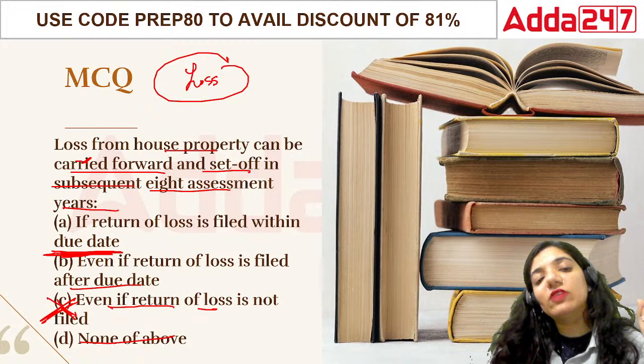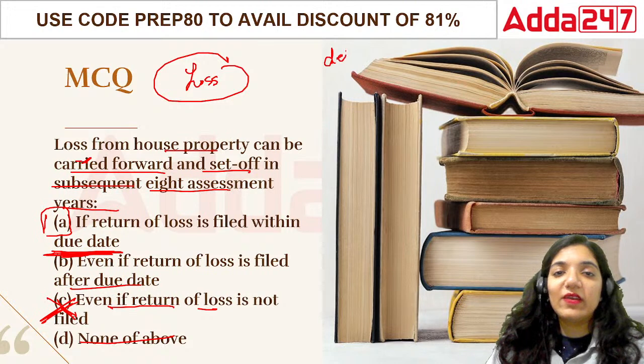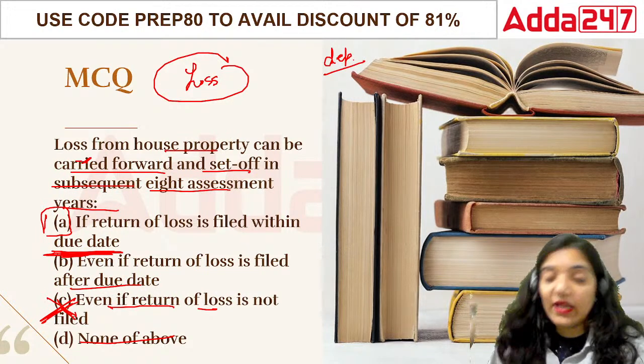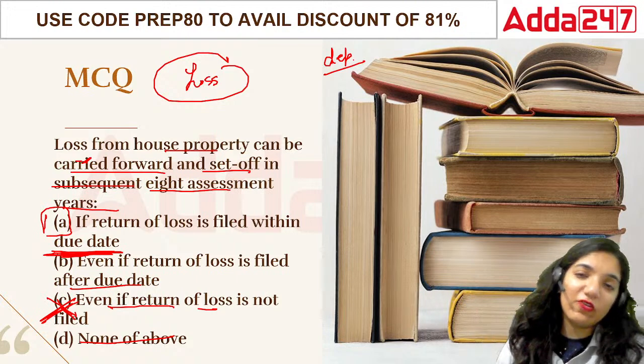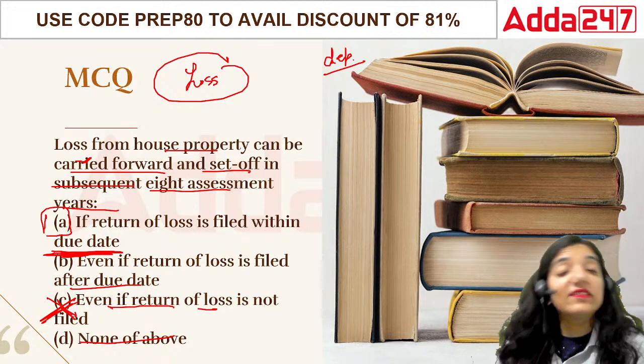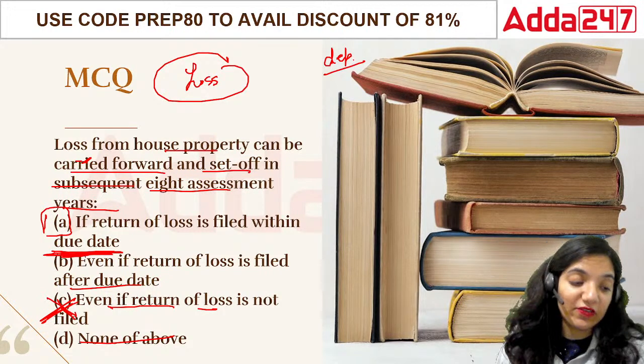Set off is allowed, carried forward gets restricted. That would be A only. It's not C, it's A. For house property, the only thing that can be allowed in any situation, grave situation, is depreciation. Even if you're not filing the return in time, you have faced problems, XYZ issues are there, this is the only thing that would be allowed. Rest everything is subjected to the timely filing of the return. Okay?